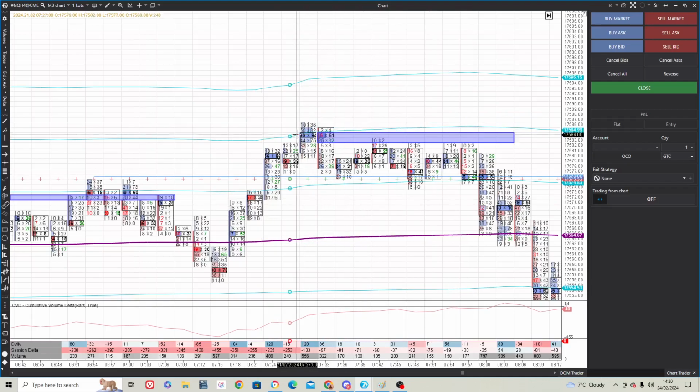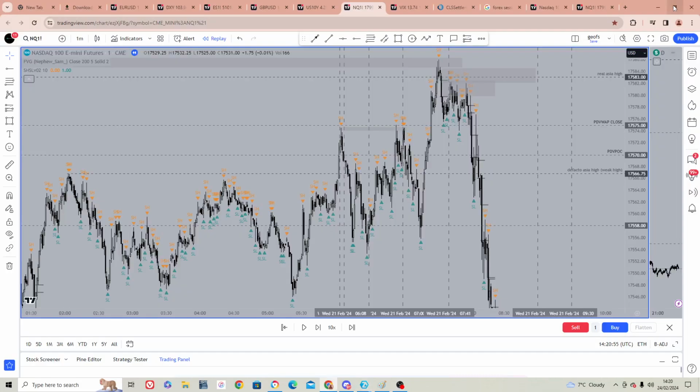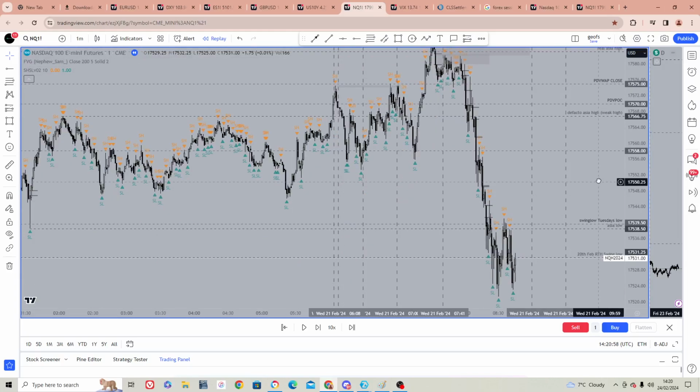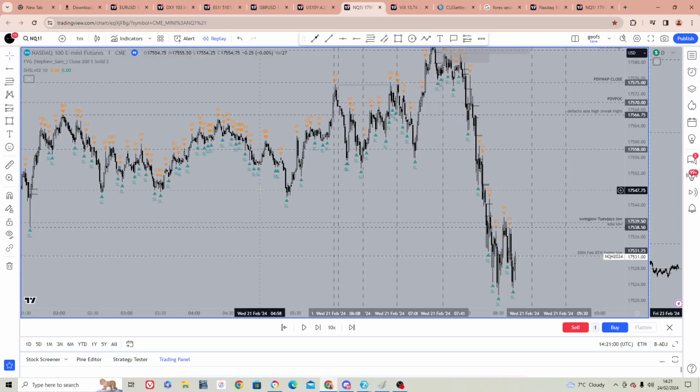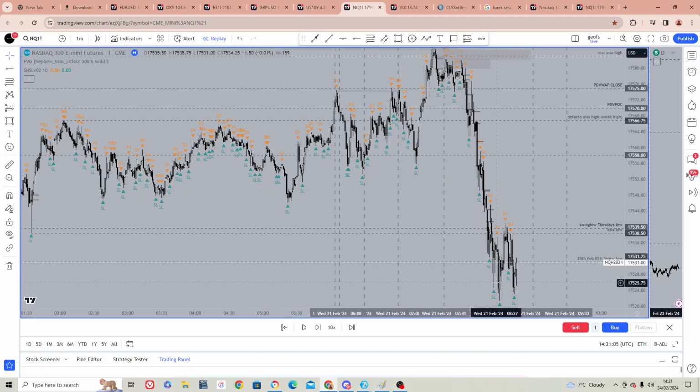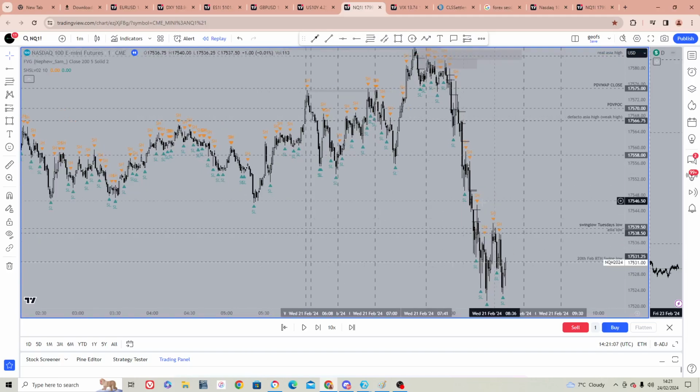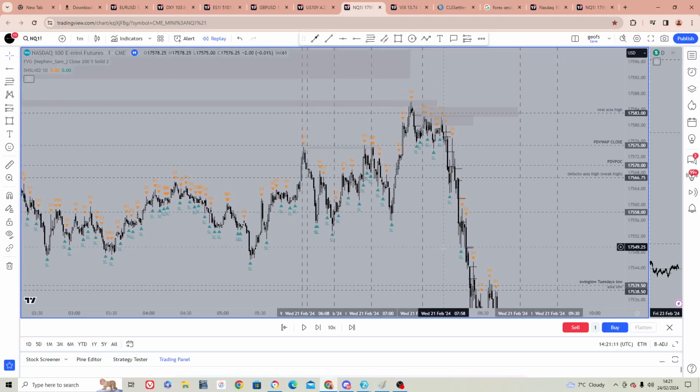So that added a little extra confluence to this trade. But anyway, I think that's roughly all I want to say. But yeah, I am kind of back testing. This is a trade I gave a signal for, but personally I didn't execute it properly. This is one for the journal, but I think it's a very good illustration of setup 1.